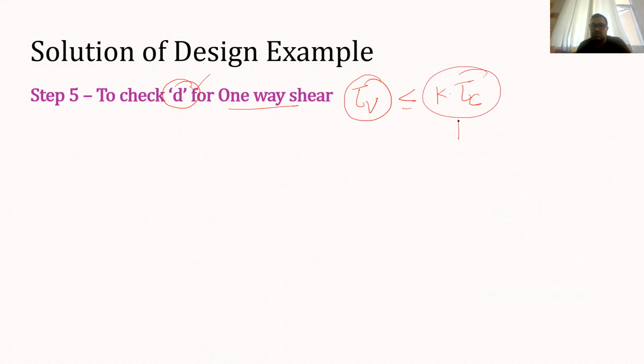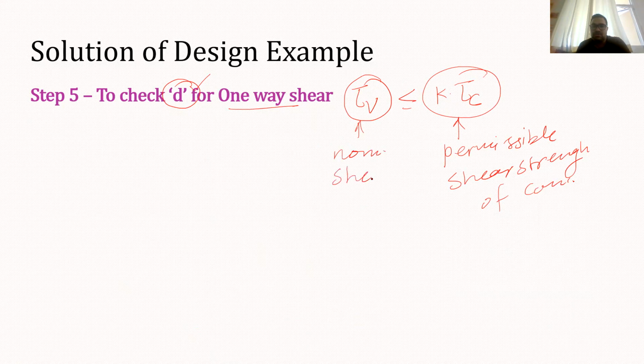Now, K into tau C is basically the permissible shear strength of concrete, and tau V is the nominal shear stress that is caused because of the external load.